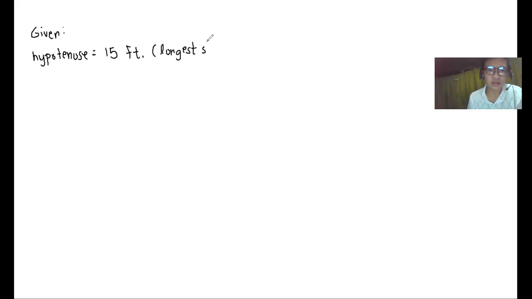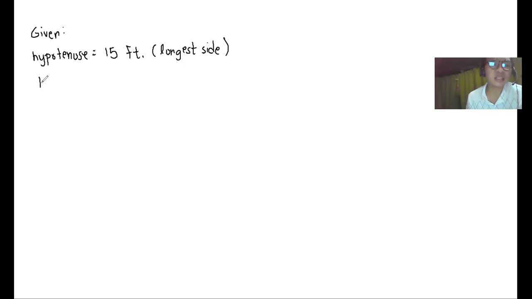Our given triangle is a right triangle, meaning one angle measures 90 degrees. So there is a condition: one leg of a right triangle is 3 feet longer than the other leg.